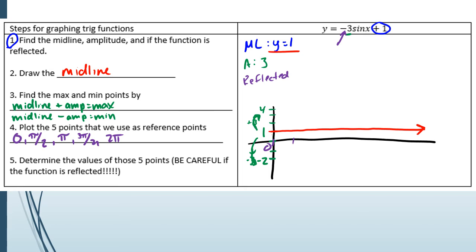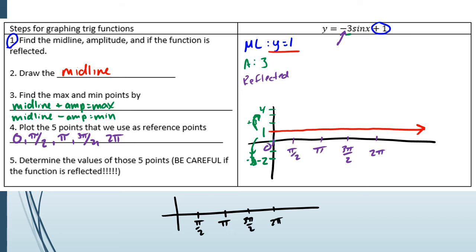And then we have pi over 2, and we have pi, and we have 3 pi over 2, and finally 2 pi. So I am going to backtrack for a second. We got pi over 2, pi, 3 pi over 2, and 2 pi.